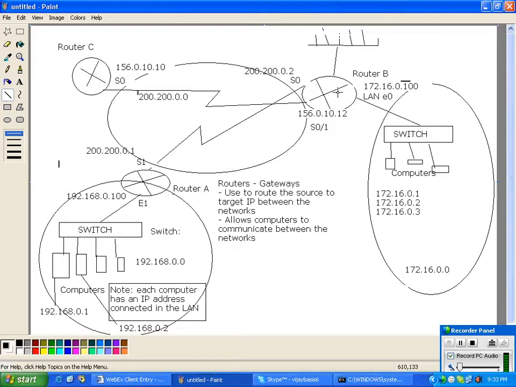So a router can be a gateway for multiple networks, and it will route to the different networks in the remote places. So this is the company network. I'm talking about ABC company and ABC branch company, and each company will have a router and source and destination network. It allows you to connect from the source to the destination computer.